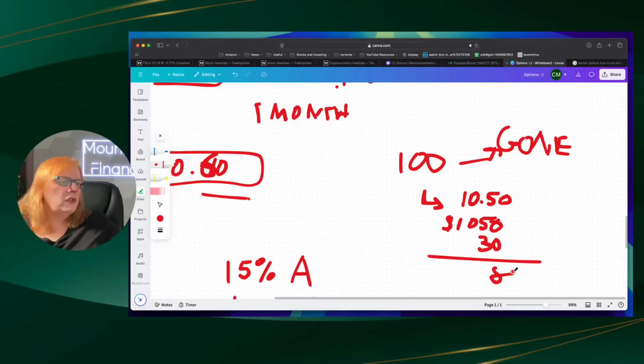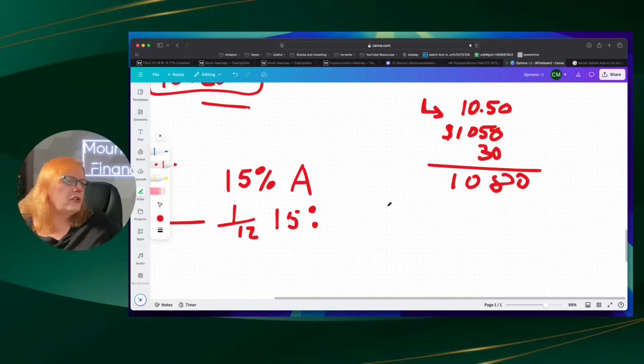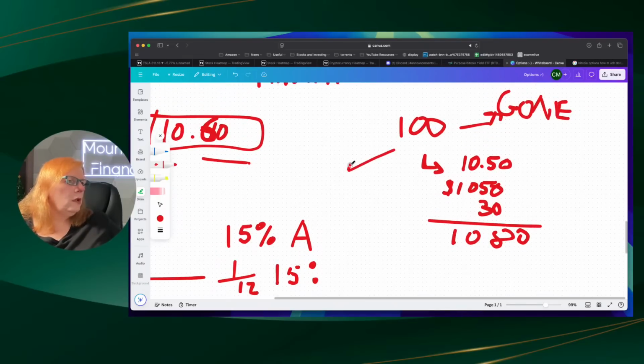So this here gives you $1,080. However, you have lost 100 shares. That 100 shares is now worth 1060. So you have to buy them back, and that's going to cost you 1,060.